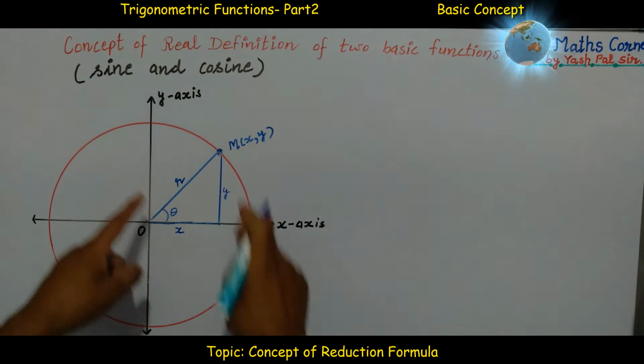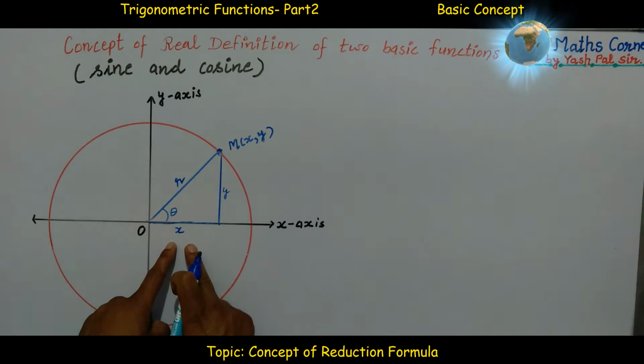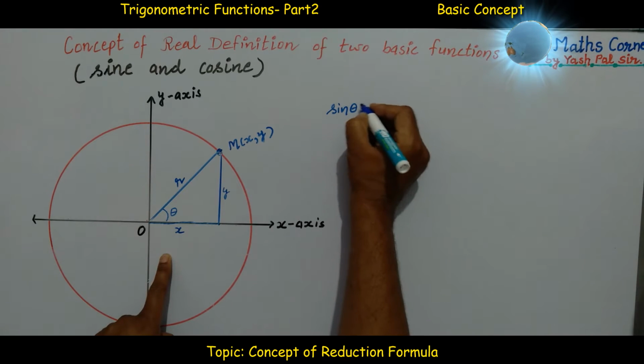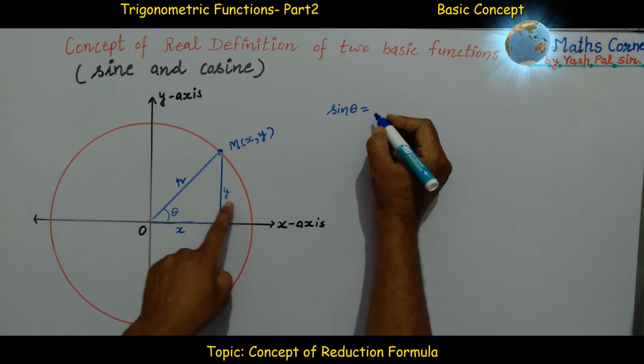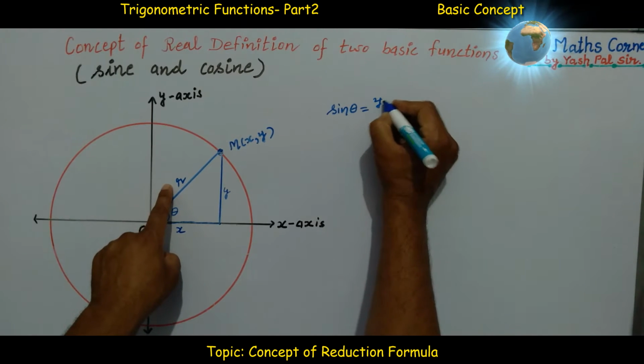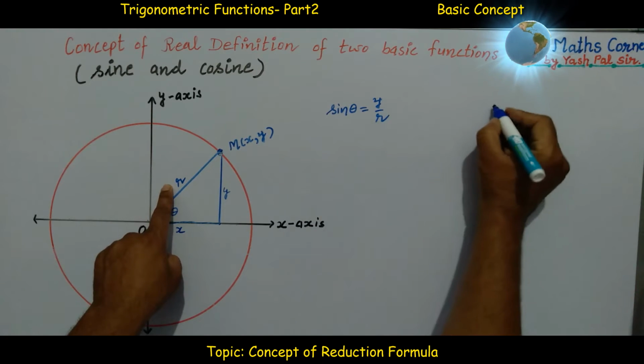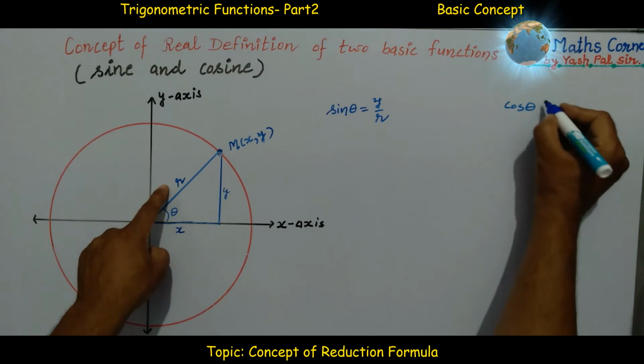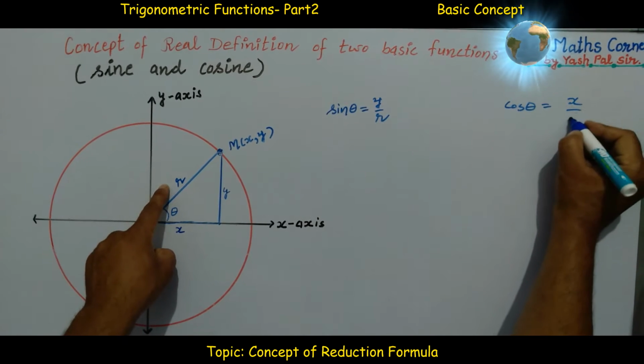Here again a right angle triangle is described, and sine theta value is p upon h, that is y upon r, and cos theta is b upon h, that is x upon r.